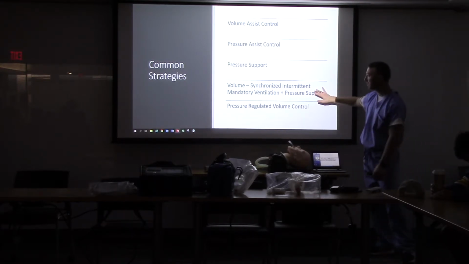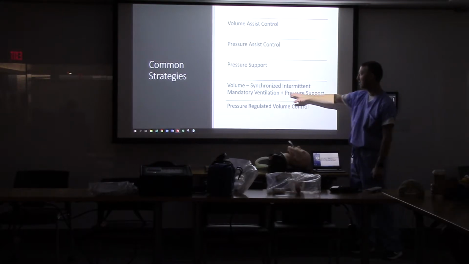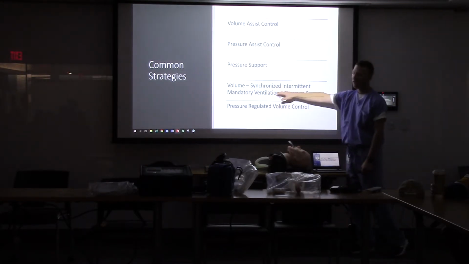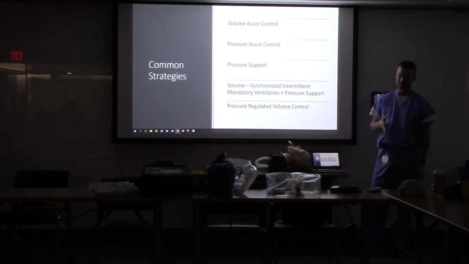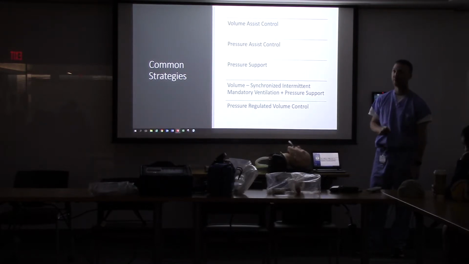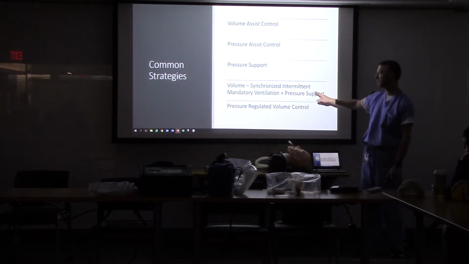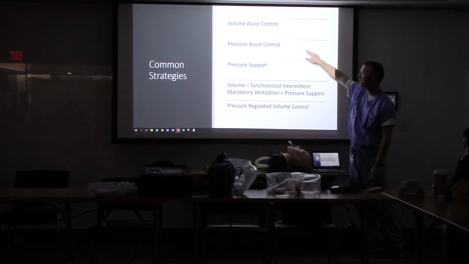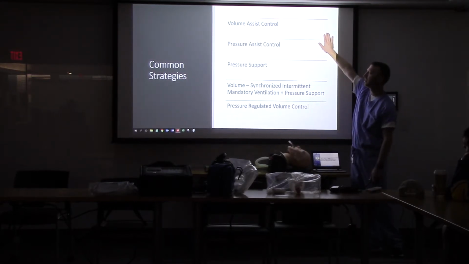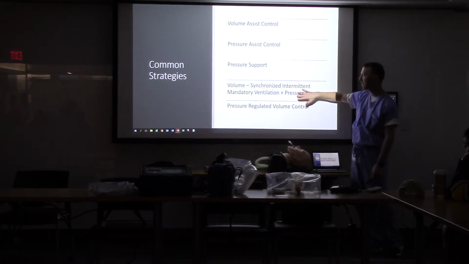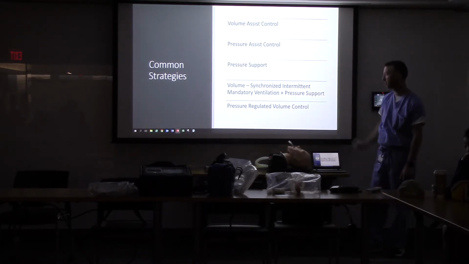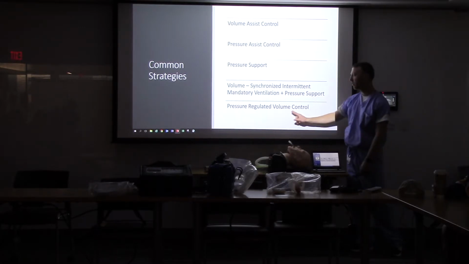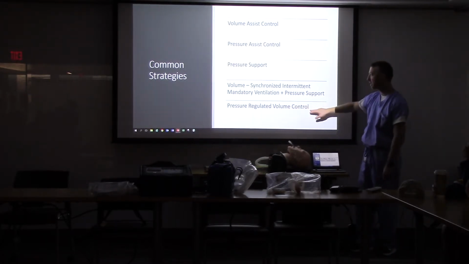This one gets used every so often, volume mode SIMV. I don't want to call it boutique, but people were trying to be fancier than they needed to be when they use this version. They can get a pretty good response with volume assist control, and it's a little bit less work than SIMV with pressure support. And this is one of the newer kids on the block, pressure regulated volume control.